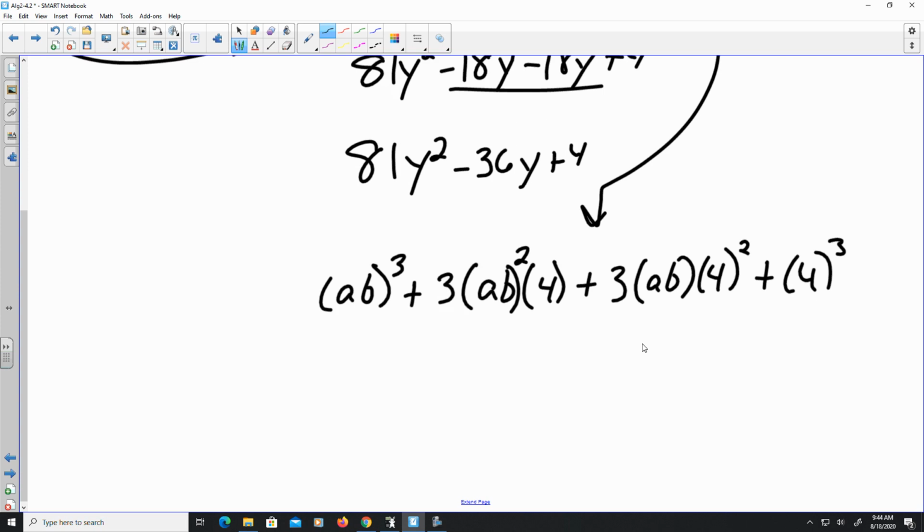So now in this particular one, you are using the power of a power rule, which means you're going to attach the 3 to both a and b.